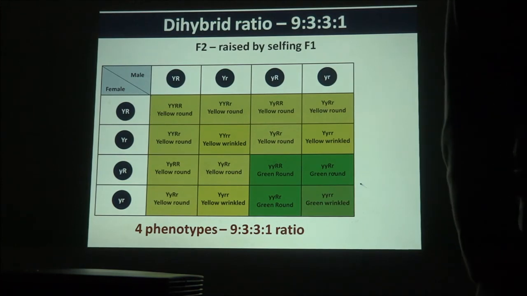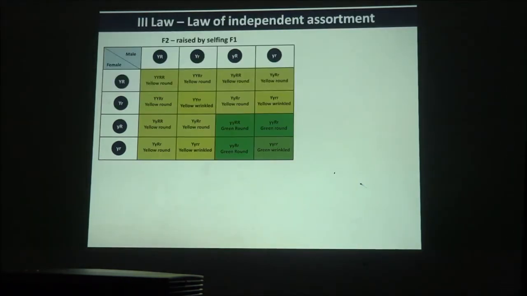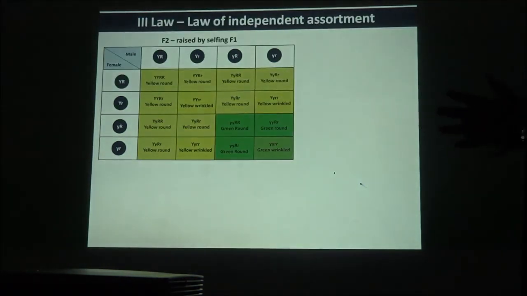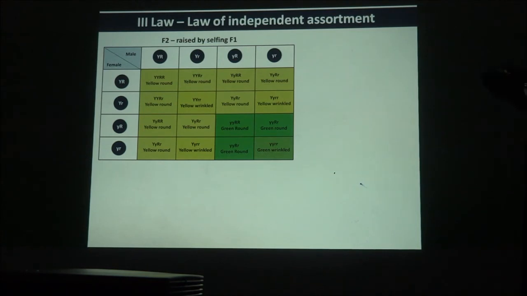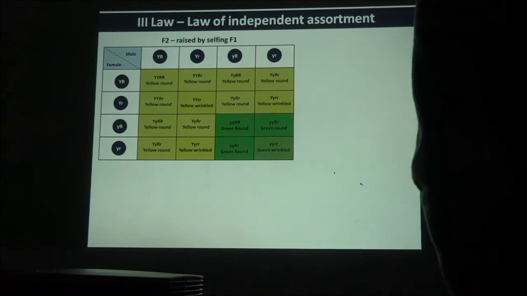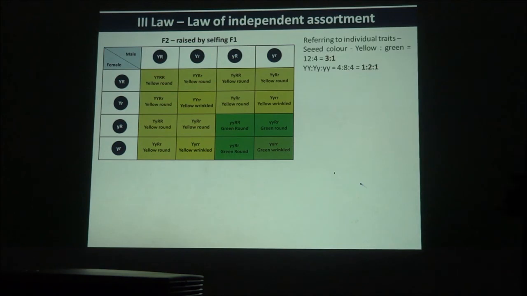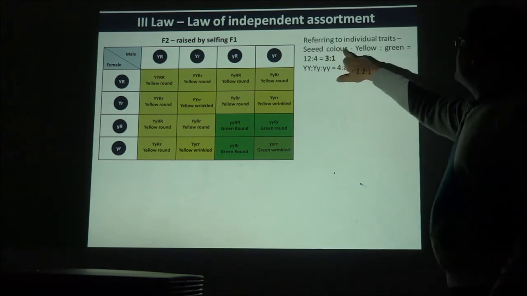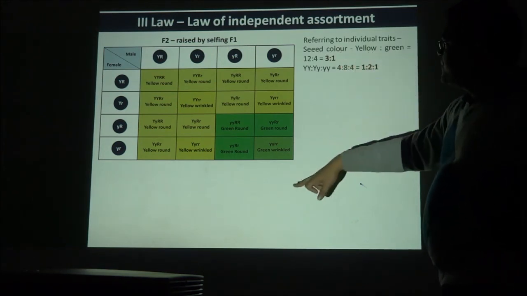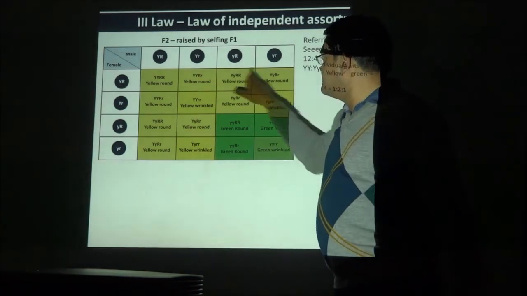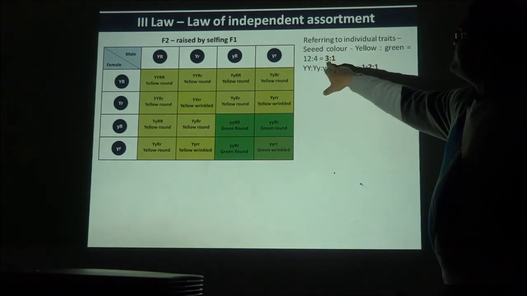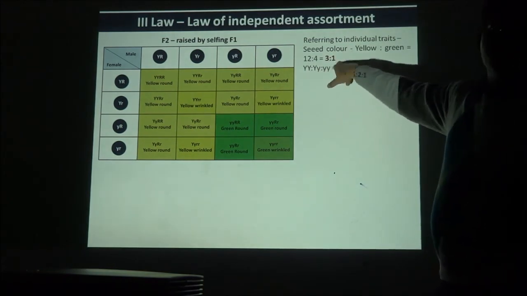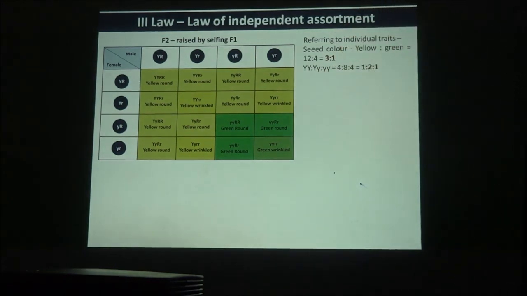So what does it mean in this context? The law of independent assortment states that when you consider the inheritance of two genes together, they are not affected by each other. For example, in this case, if you look at the individual trait, seed color, yellow to green is 12 to 4, or 3:1 when simplified, which is the typical monohybrid Mendelian cross ratio.